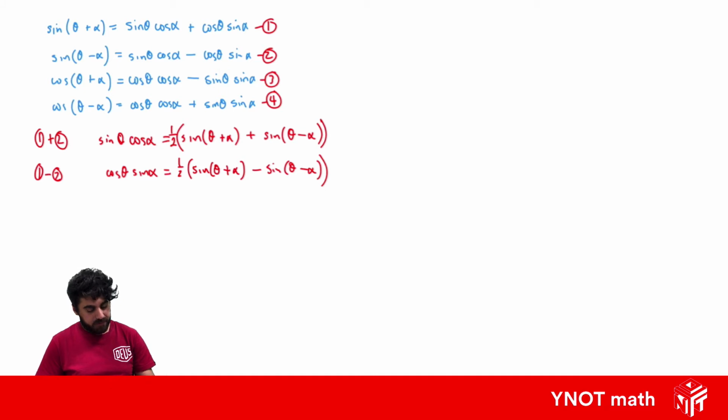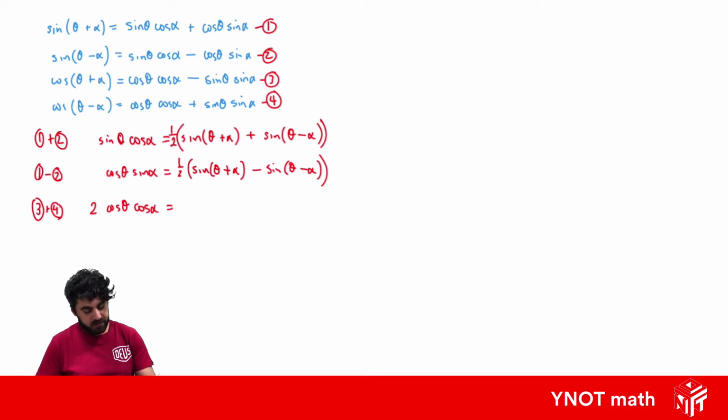All right, next equation, let's go 3 plus 4. So if we do that, again, let's start with the right-hand side. This time, these two terms will cancel out because they're opposite sign, and we'll get 2 times cos theta cos alpha, and then adding the left-hand sides, we're just going to get these two terms added together.